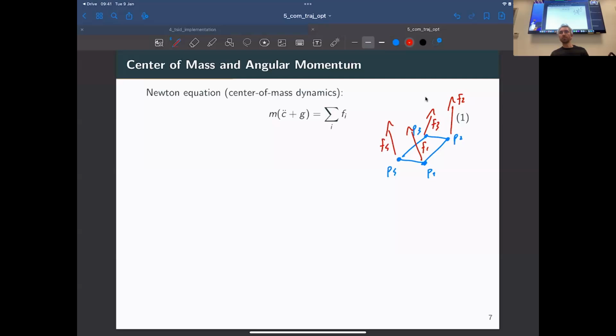Something like that. So you're summing up all the contact forces, you're including gravity, and what you get is the acceleration of the center of mass of the body that is in contact with the ground.